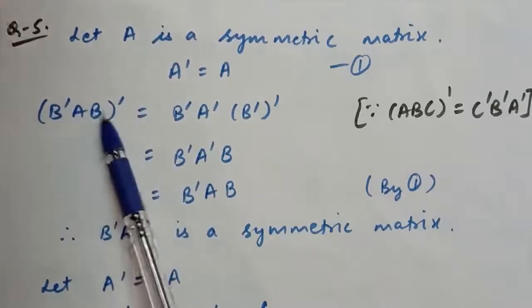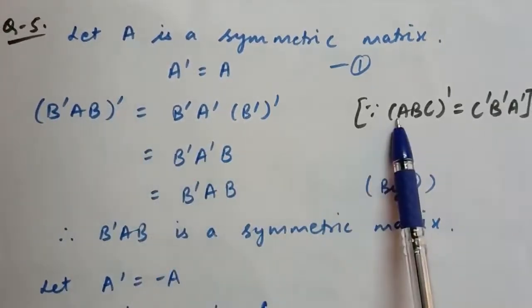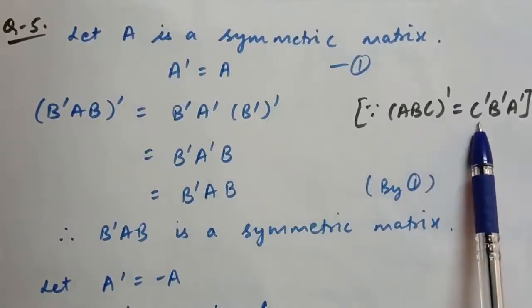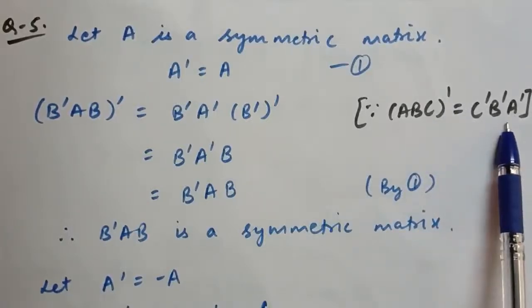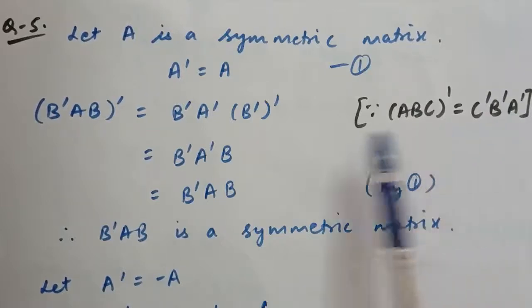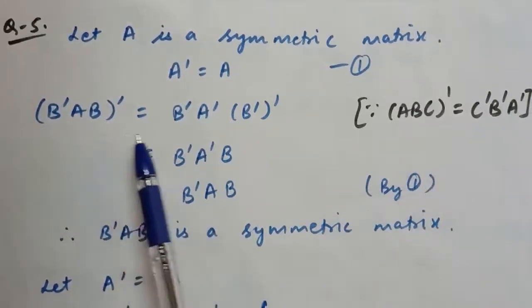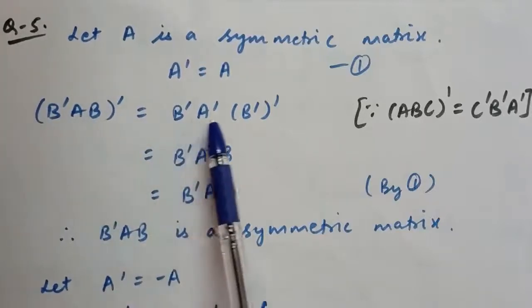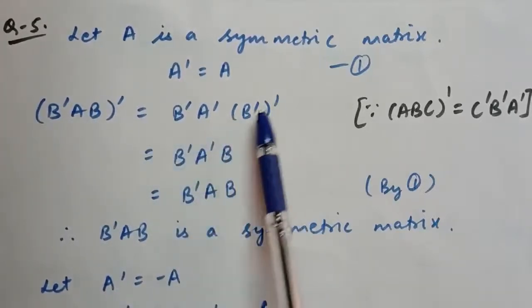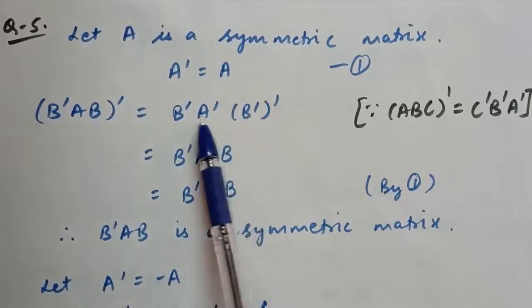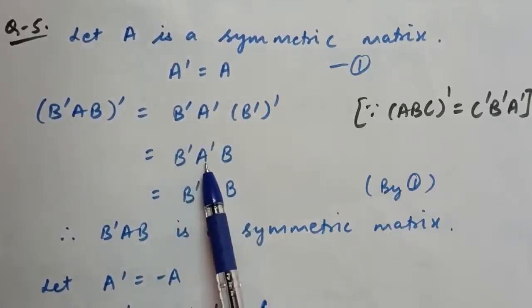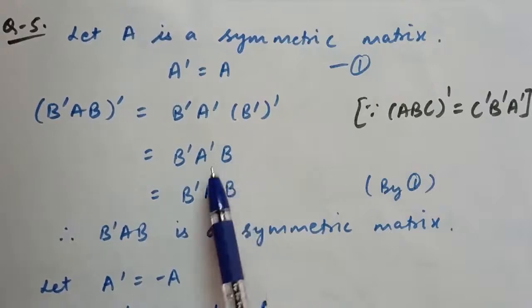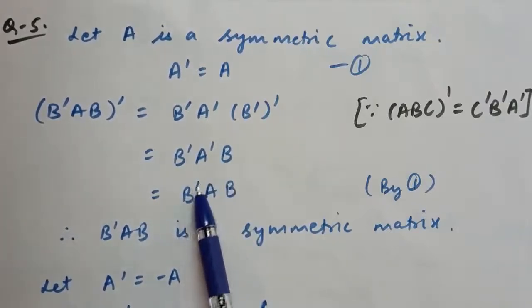Now the transpose of this will be, since ABC whole transpose is equal to C transpose into B transpose into A transpose, so the transpose of this will be B transpose A transpose into transpose of B transpose. Now B transpose A transpose as it is, we know the transpose of B transpose is B, equal to B transpose.